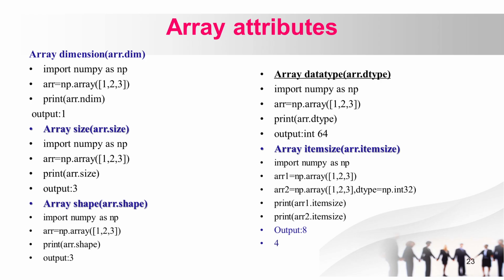To distinguish that, I've taken the same command but specified array1 and array2, in which array1 has no data type specified, and array2 has the data type specified. For array1, it takes 8 bytes as the default value. And when I've given int32, the output shows that the data is taken in terms of 4 bytes.